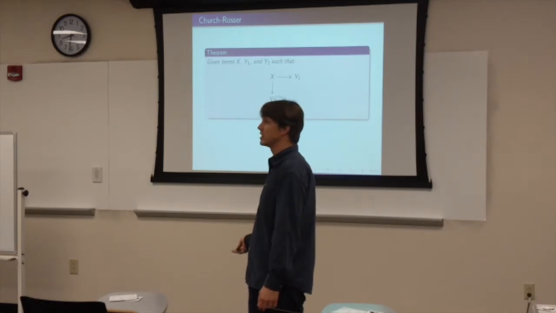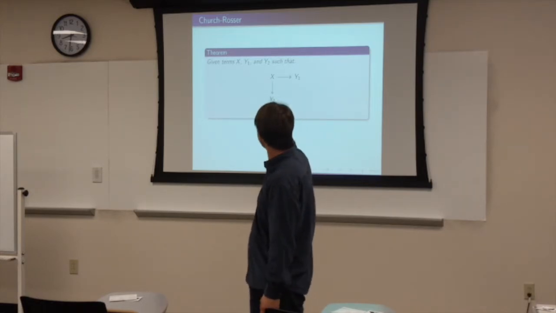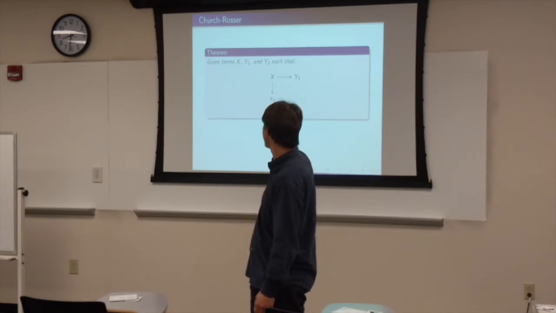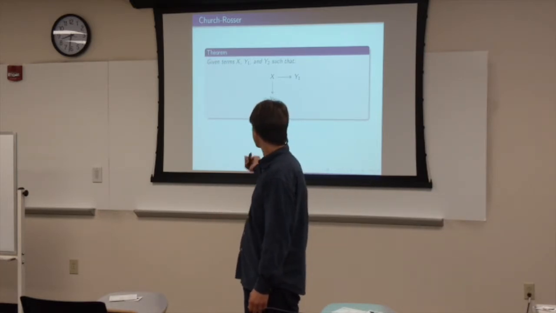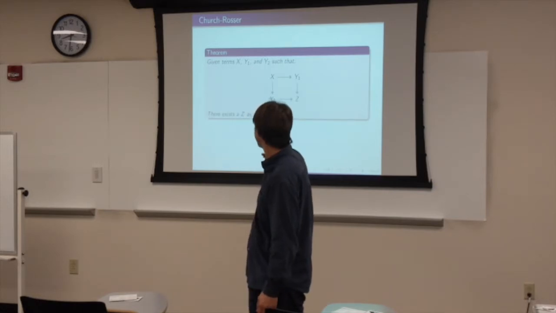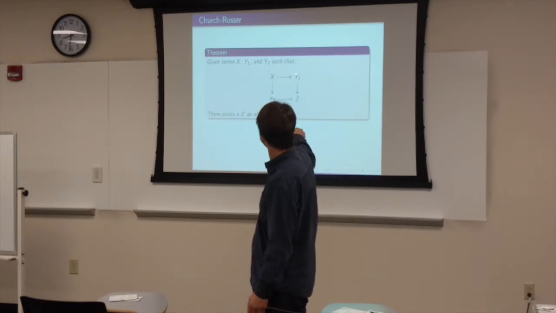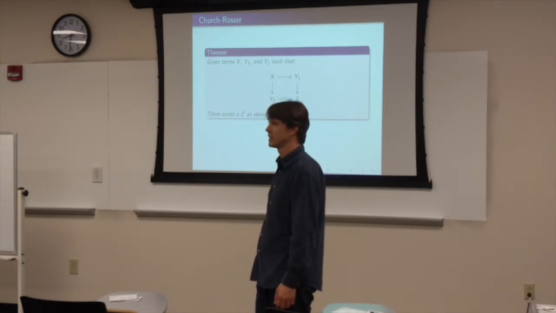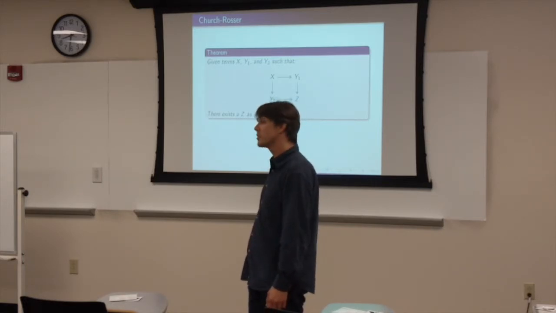And then your best friend comes along, and they have a different reduction strategy, and they end up with a different term, y2. The Church-Rosser theorem tells you that you can always find another term z that they can both find their way to. So the reduction strategy kind of doesn't matter.